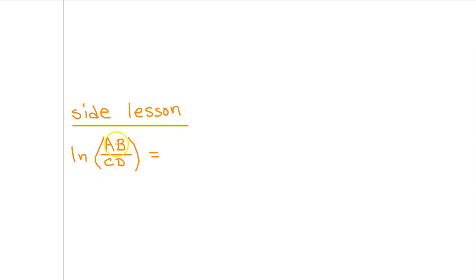The factors that come from the numerator lead to positive terms, so I will have a positive natural log a and a positive natural log b. The factors in the denominator will lead to negative terms, so we will have minus natural log c and minus natural log d.